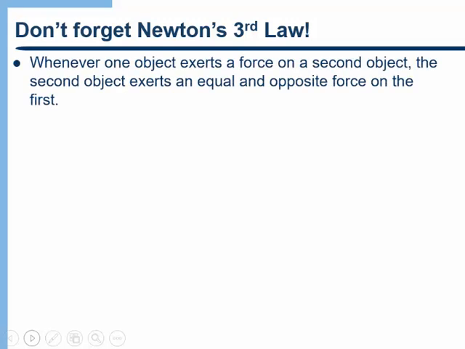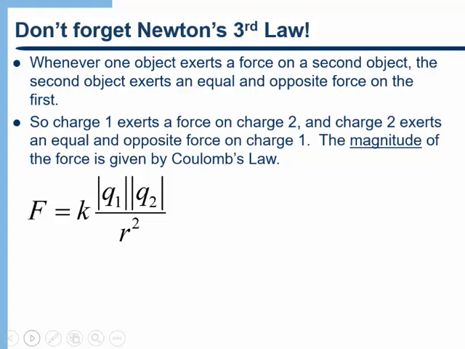So don't forget about Newton's third law, as we just talked about. Remember that our force here can be attractive or repulsive. And we know, though, that whether both charges are positive or both charges are negative, or one is positive and one is negative, the force that 1 exerts on 2 and the force that 2 exerts on 1 are always equal and opposite.